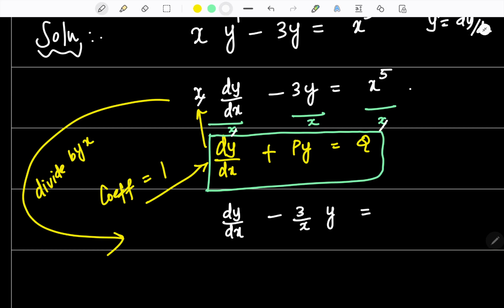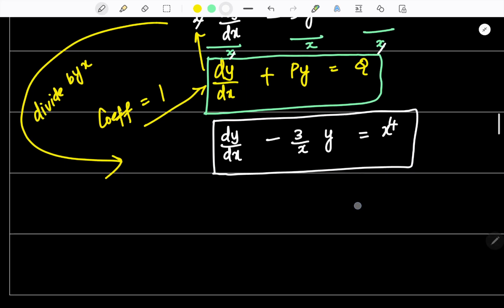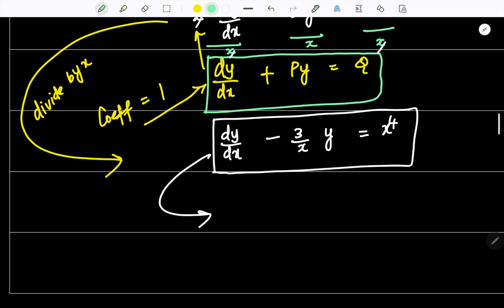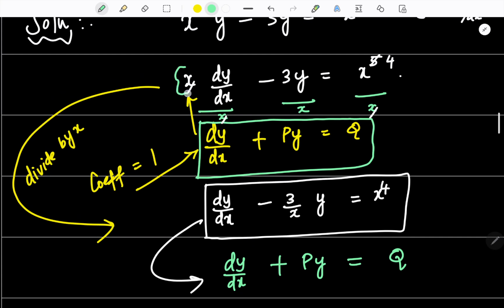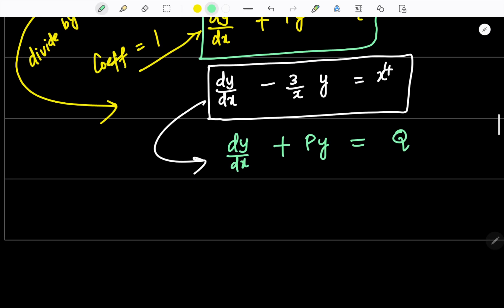And here 1x gets cancelled with this x power 5. I will get x power 4. Right? So now this differential equation is in the form dy by dx, okay, plus py is equal to q. Why not before? Because before there is a variable with dy by dx. So we should divide. Make sure always the coefficient of dy by dx is equal to what?